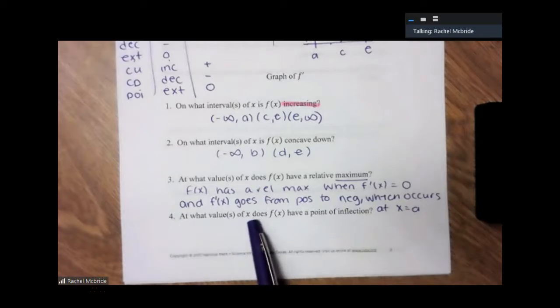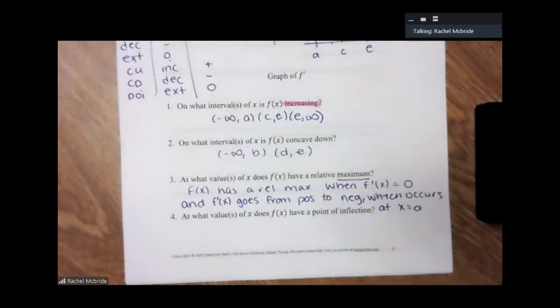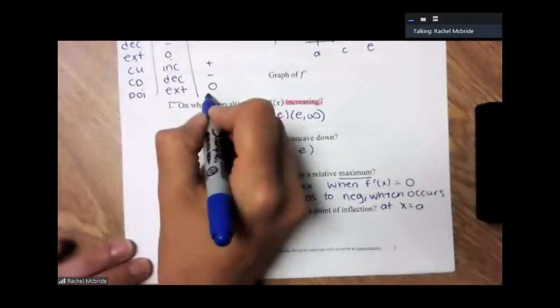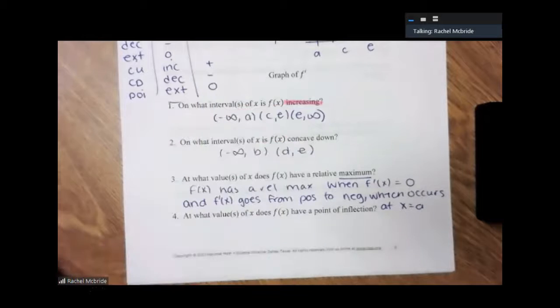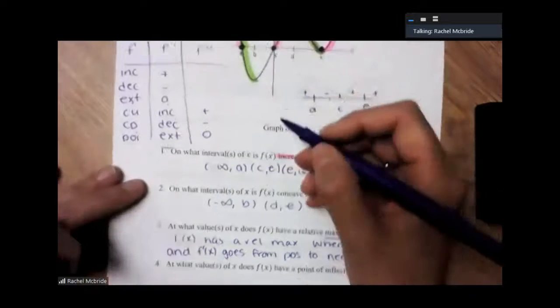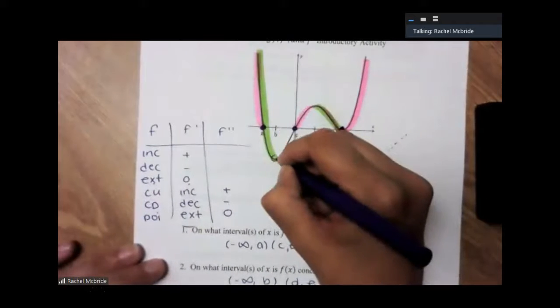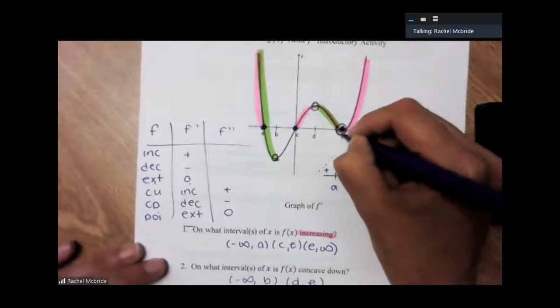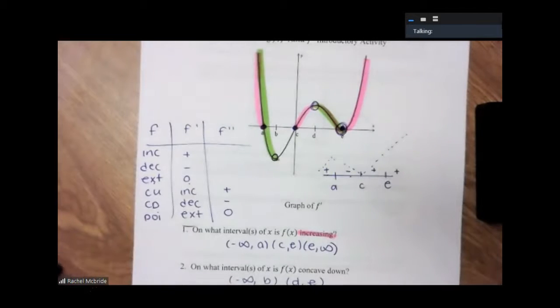At what values does f of x have a point of inflection? A point of inflection is going to occur when the derivative has an extrema. So when does the derivative have an extrema? An extrema on the derivative is going to occur at b, d, and e. So b, d, and e are potential points of inflection.